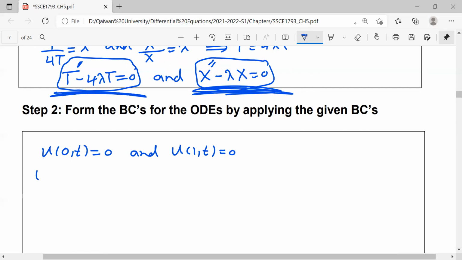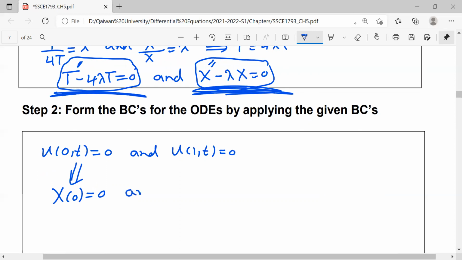Here, it's u of x, t equals 0. Here, x is 0. If x is 0, this equals 0. That means X of 0 is 0. From this one, we say X of 0 equals 0.